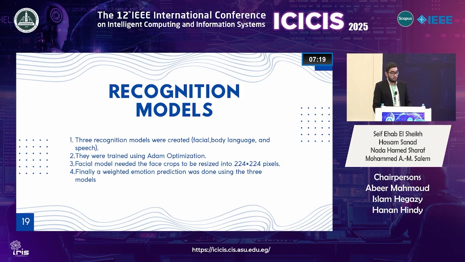They were all trained using Adam optimization after the dataset was divided into 80% training and 20% testing. The facial model needed the face crops to be resized to 224 by 224 pixels to be compatible with the input. Finally, a weighted emotion prediction was done using the 3 models.